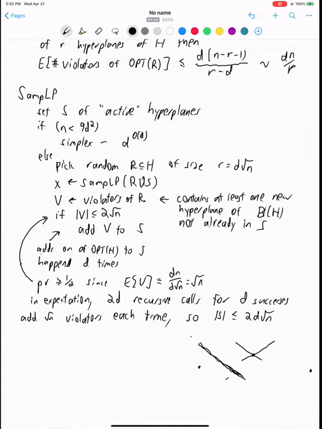Whatever 2 I choose, they're going to define a point, and if that point is better than opt, it's going to violate one of the constraints of opt. But it can't violate any of the constraints of S because I included S in the optimization. So I have to find a new hyperplane that is violated, that is part of opt.